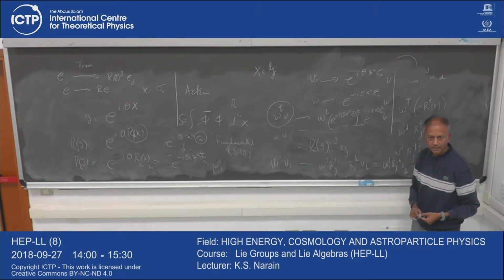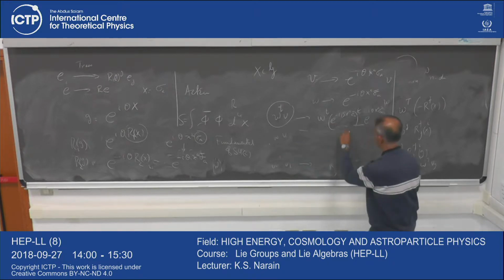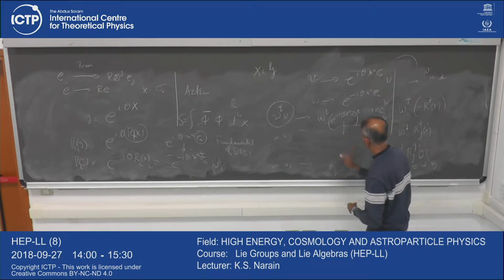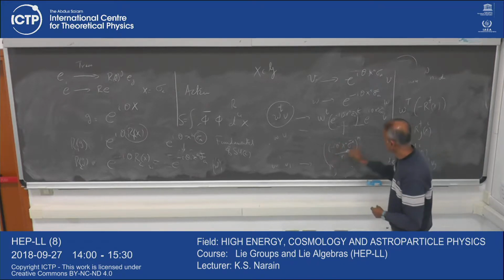Okay? Take any generic term in this object. A generic term of the expansion will be minus i theta x^A sigma bar^A to the power of n over factorial n when I expand the exponential. Now I take the transpose of this.